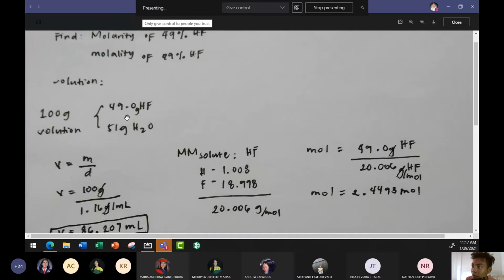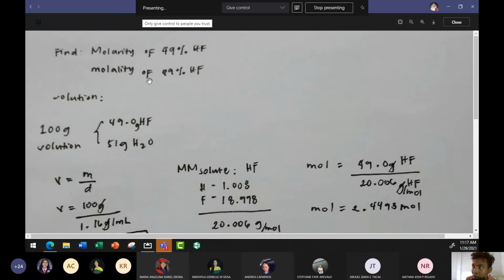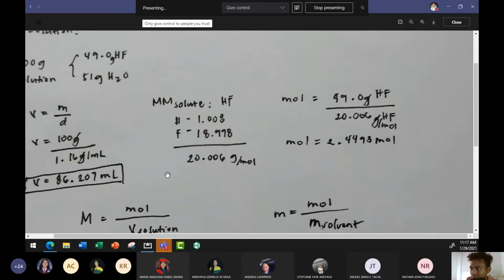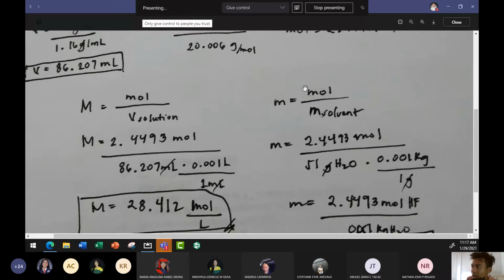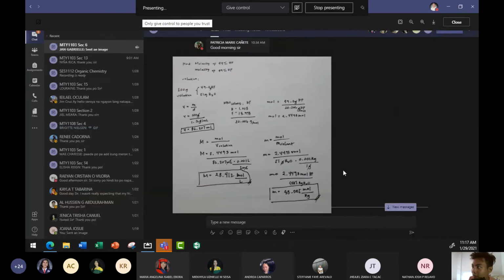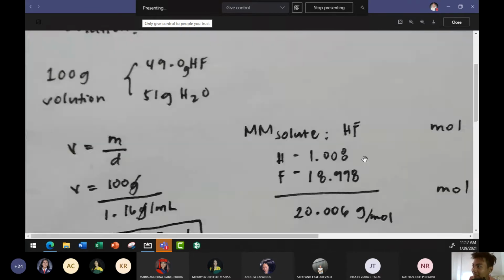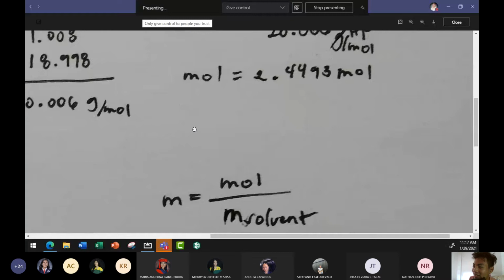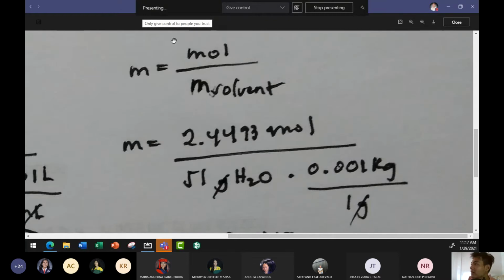Okay, so yan. 49% hydrofluoric acid. So, that means 49 grams HF, 51 grams water. So, for the molality, that's mole divided by the kilograms of the solvent or the mass of the solvent. Zoom in natin.